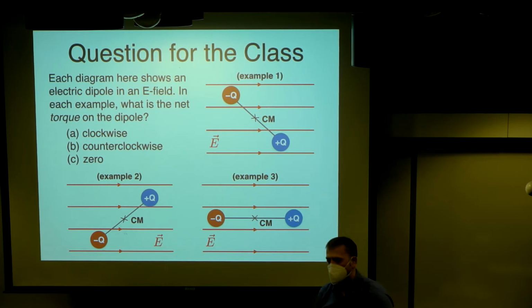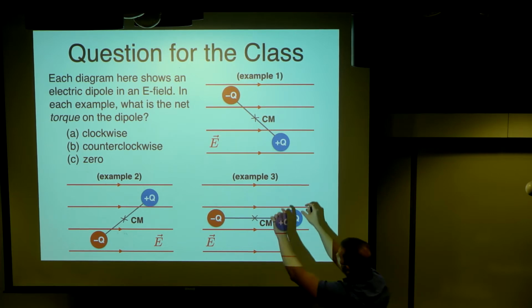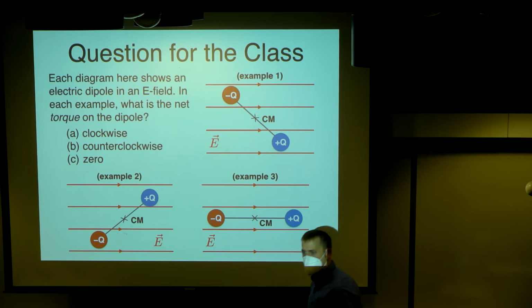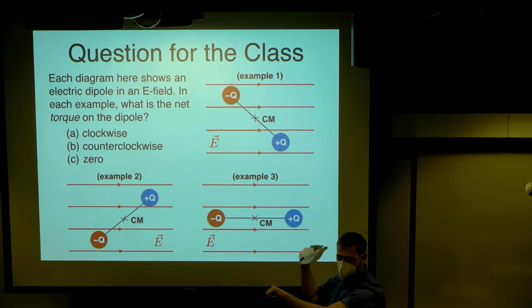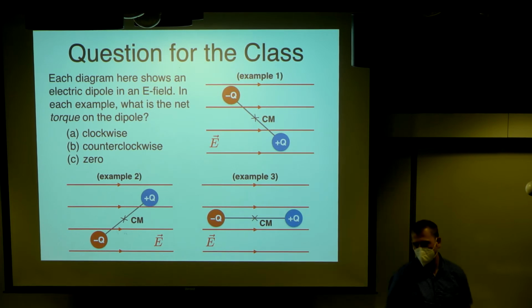What direction is the force? Going to the right. So can you see how if I took some object and took the top of it and pulled it to the right, took the bottom of it, pulled it to the left, it would rotate? Yeah. Which way would it rotate? Yeah, so this would rotate counterclockwise like this. That makes sense? All right, so try out the second one for yourself.